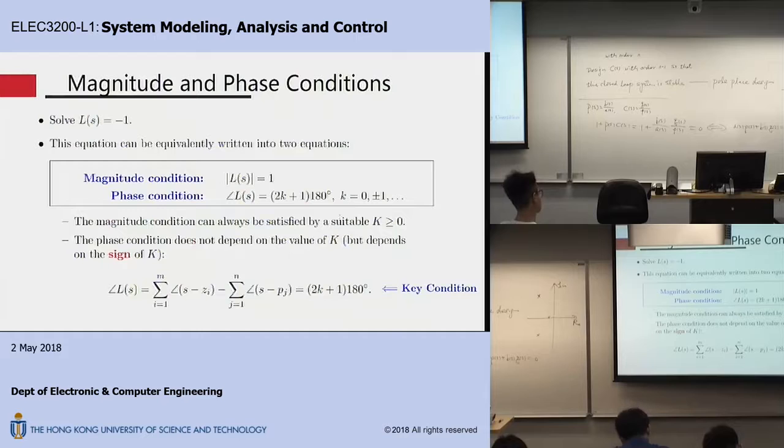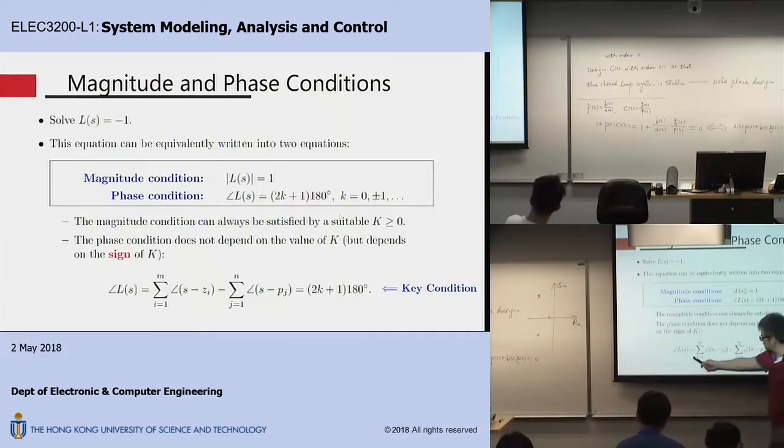So now, because this doesn't depend on K, our focus is to find all the S in the complex plane so that this condition is satisfied. This is the key condition.